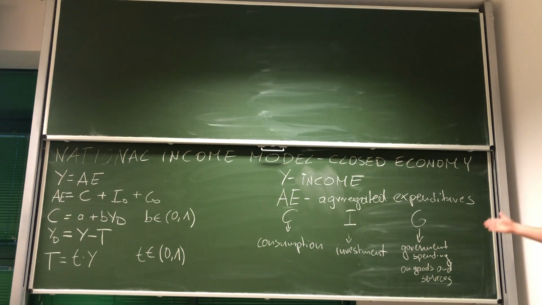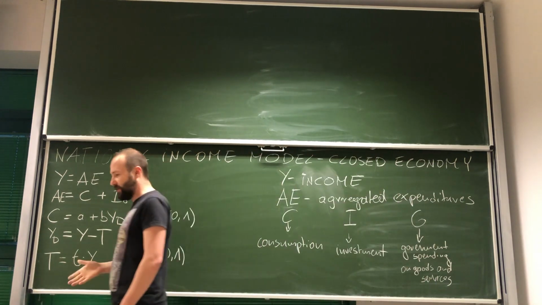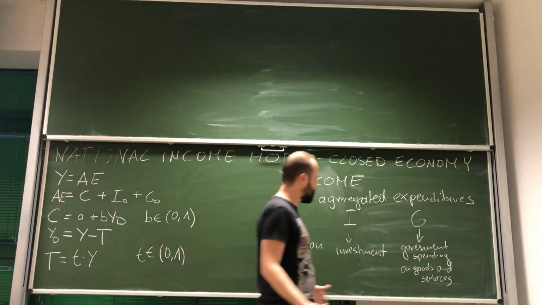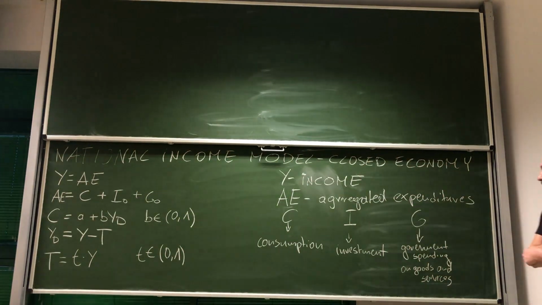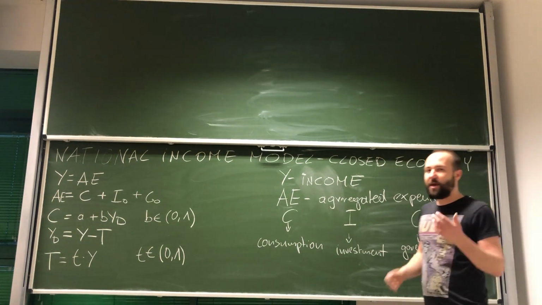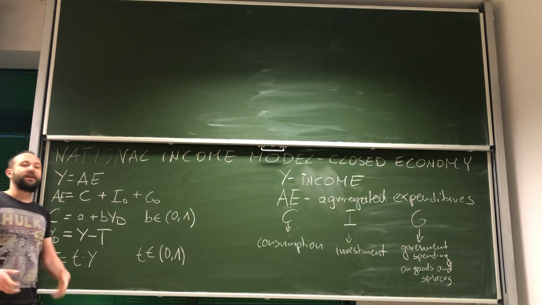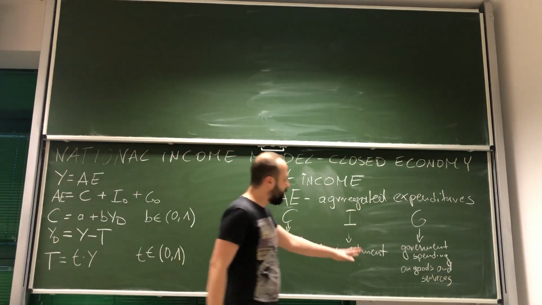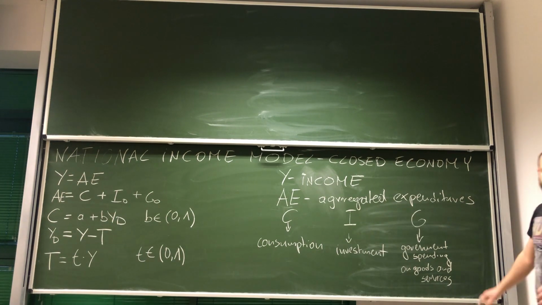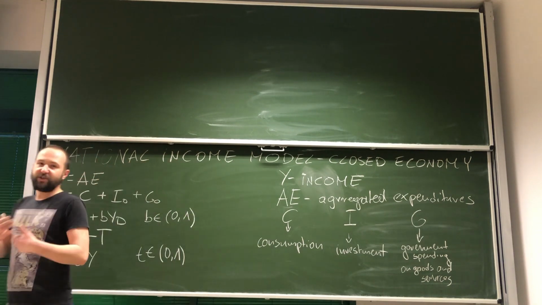One category is the spending on goods and services. So when government pays a company to build a road, the result of that is a new road, right? So in this case, we see that government gets something in exchange. When government pays its workers to run the country, government also gets something, their services. So in those cases, when government pays somebody, the result is production of a good or provision of a service.